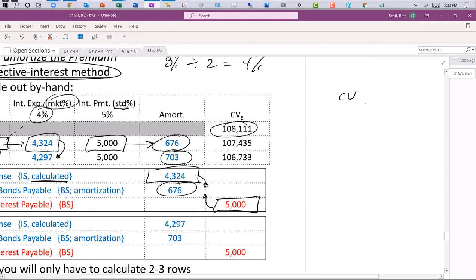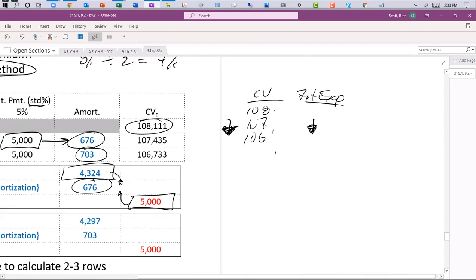So carrying value, 108, then it goes down to 107, then 106, et cetera. It's going down, right? That means the interest expense is decreasing over time. The amount that we amortize is actually going up over time. This is the case of the premium. So you need to be able to take a step back.